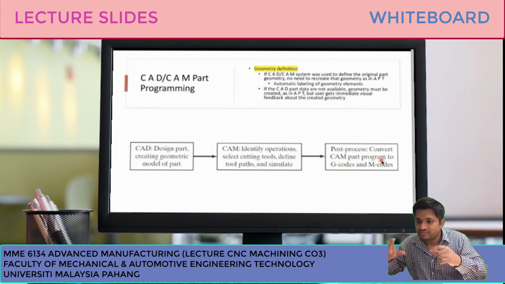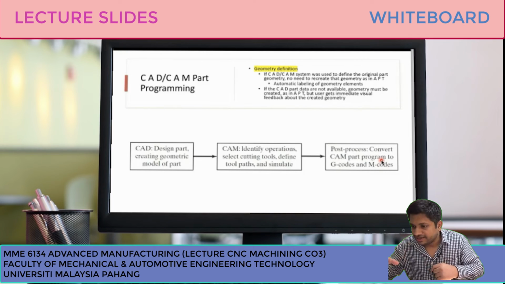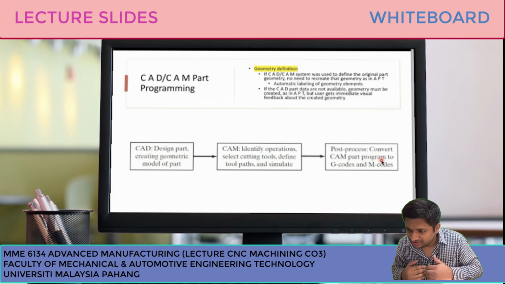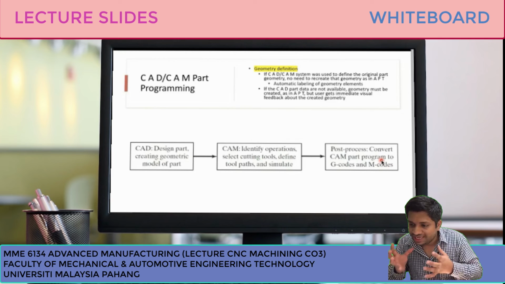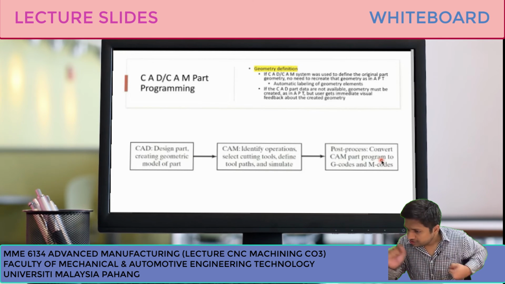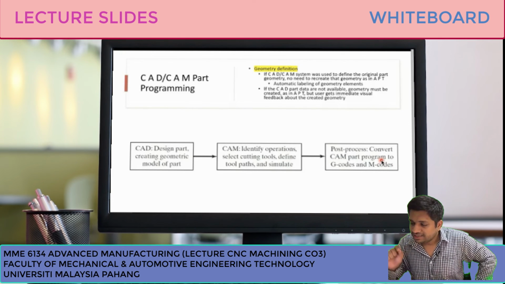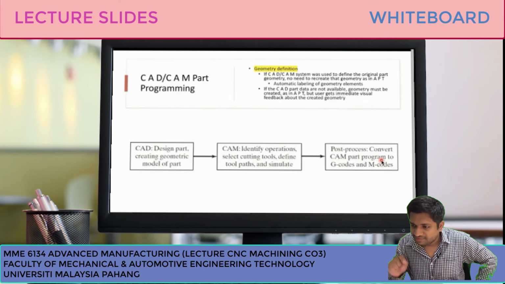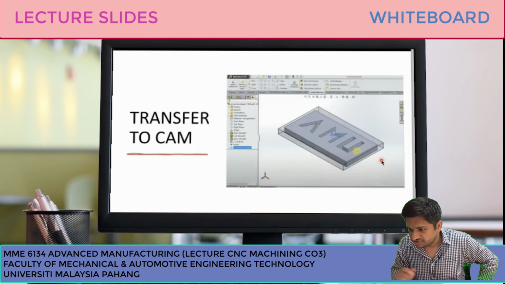In the software, we need to put the tool path and define the spindle speed and the feed rate. After this, we will do the simulation of the tool path. After the simulation, we will generate the G and M code directly. There is no need to write G and M code separately. The SolidWorks software is going to generate the G and M code automatically. I will show you how.